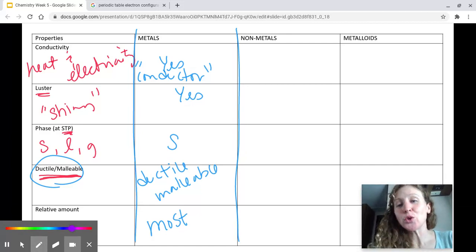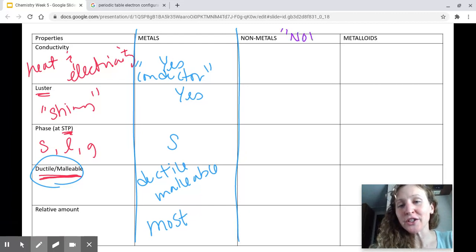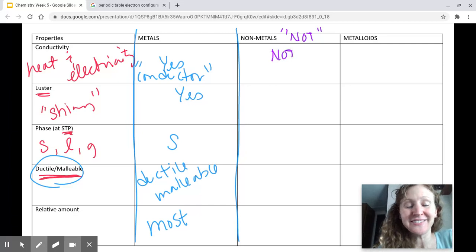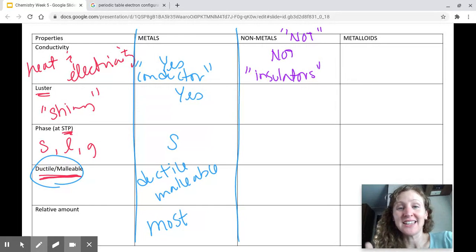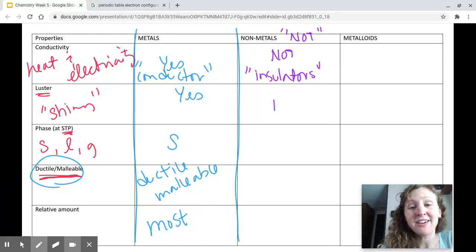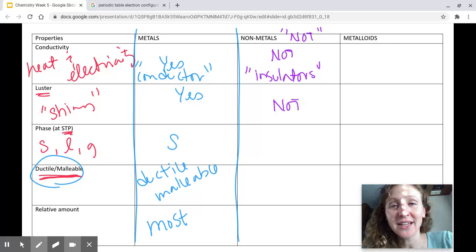Nonmetals, I like to call the "not" group. Nonmetals are not conductive. In fact, nonmetals make really good insulators because they don't conduct heat and they don't conduct electricity very well. Nonmetals are not shiny. In fact, nonmetals tend to be the opposite of shiny.